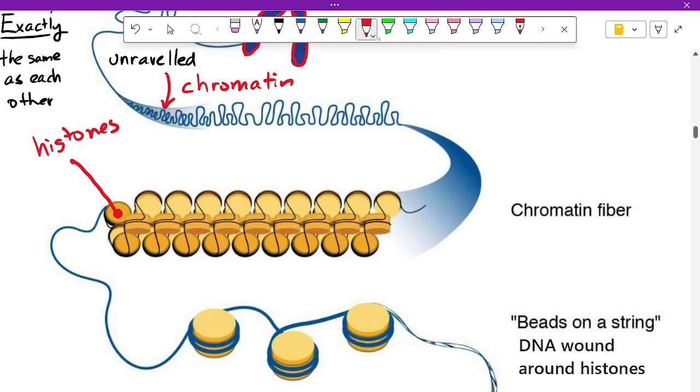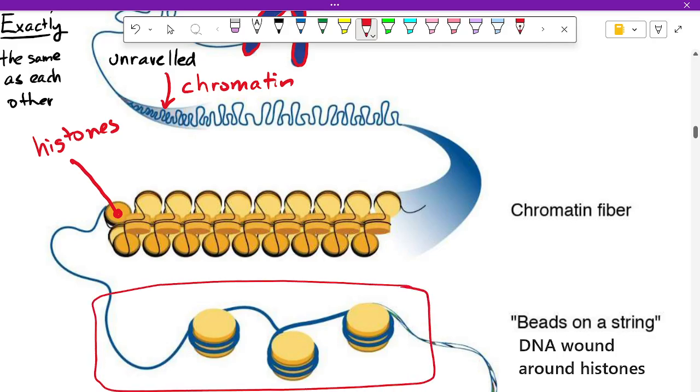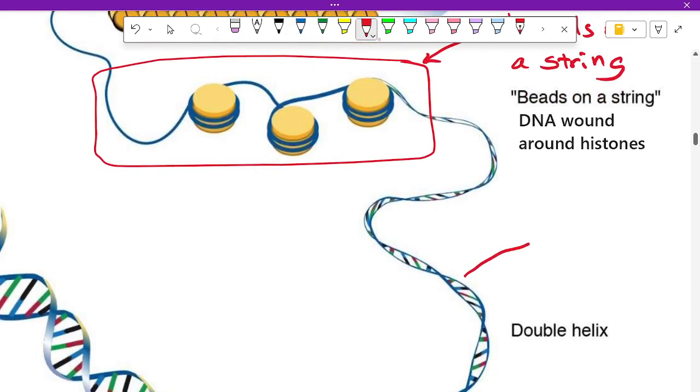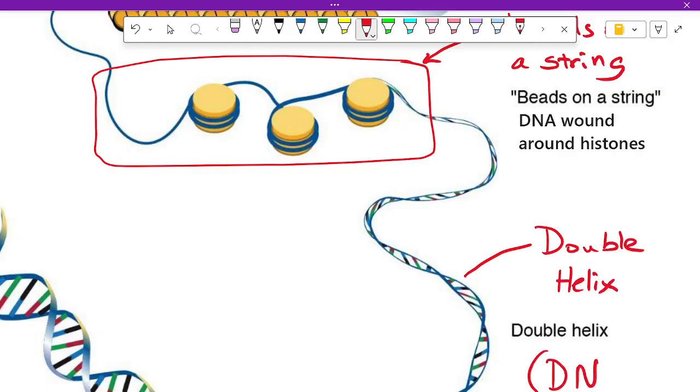And what do we call this kind of structure here? Beads on a string. And then if we take away the histones and we uncoil it, what do we end up with? We end up with our double helix, which is just the DNA.